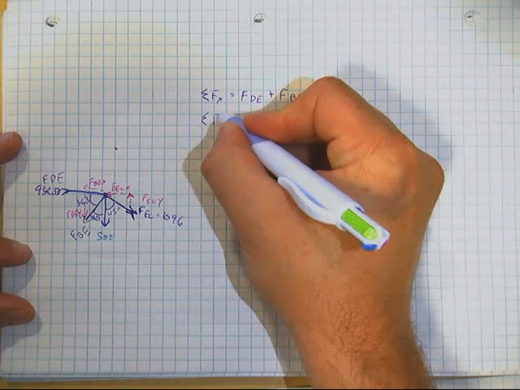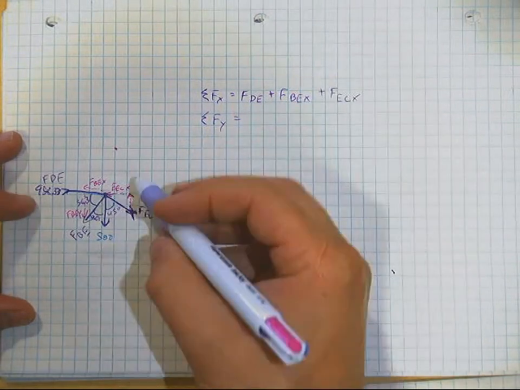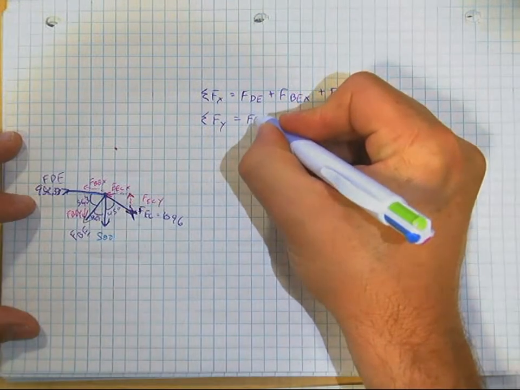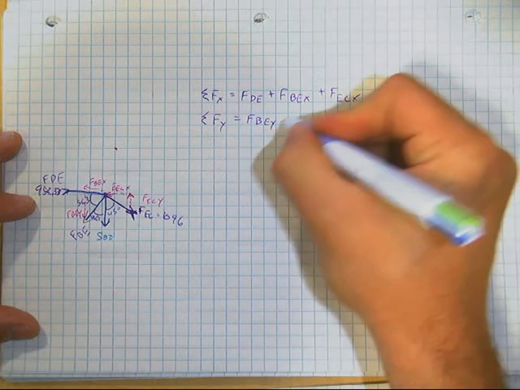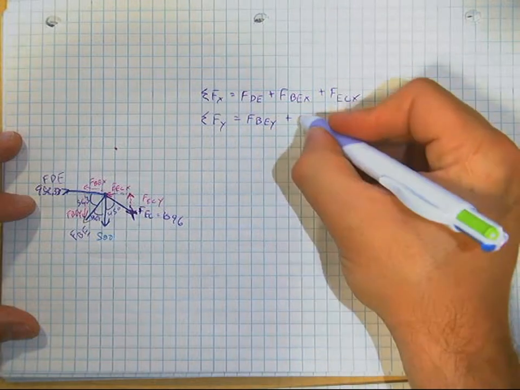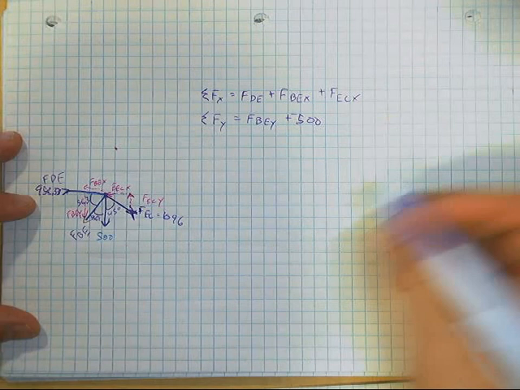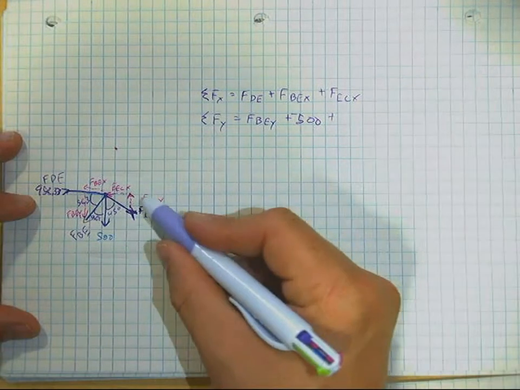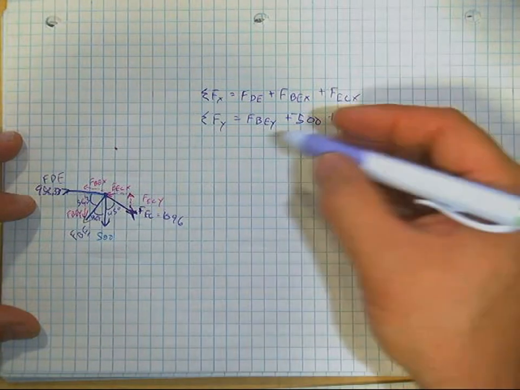And then we're summing the forces in the y direction. That's going to be FBEY plus our negative 500, and then we're going to add to that FECY.